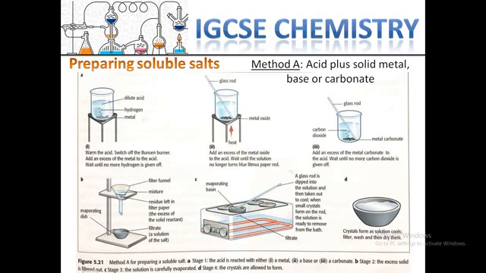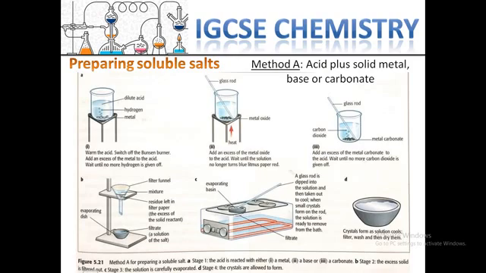Those crystals are soluble salt. Why is it soluble? Because it came from the solution, and if you add this crystal to another solvent like water, it will dissolve again, because you formed these crystals from a solution.